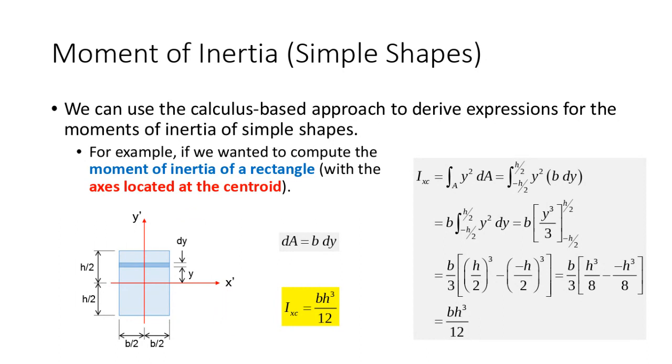If you were to recompute this a little differently, let's say you wanted to compute the moment of inertia of a rectangle. So here's your rectangle, but you placed your axes like here, that's your y-axis and that's your x-axis. Well, if you place your axes there and compute the moment of inertia of this rectangle, you're going to get a different answer because your coordinate system is in a different spot.